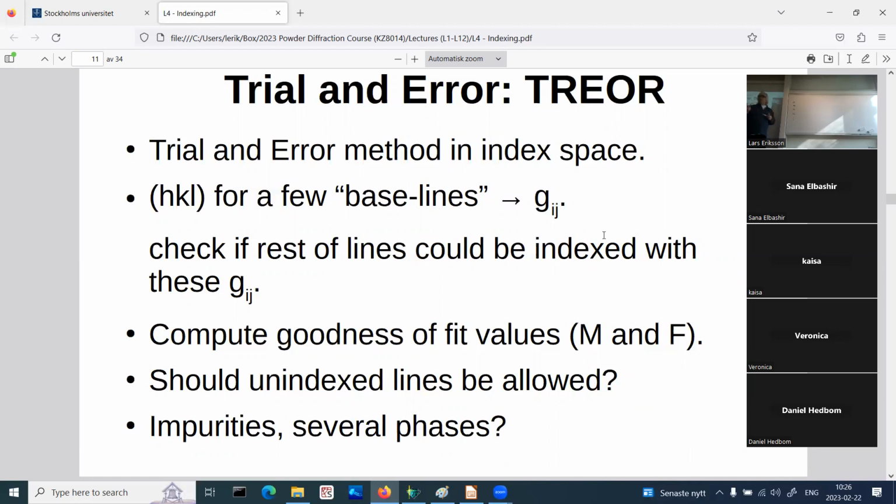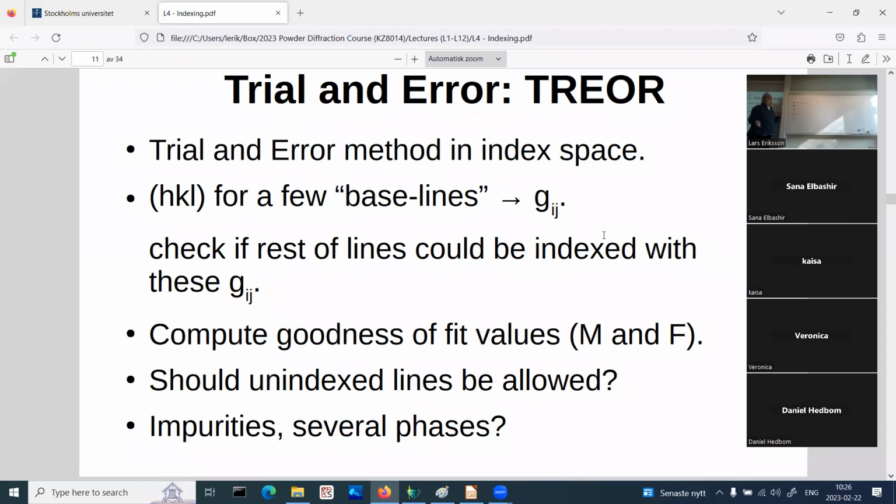But say that we have a 2-parameter crystal system, tetragonal or hexagonal. So suppose that this line has some indices H1, K1, L1.